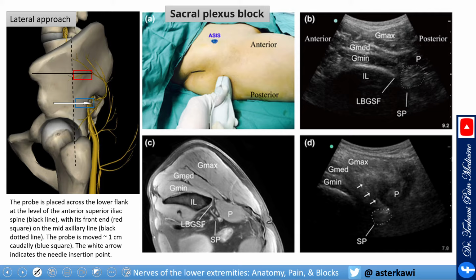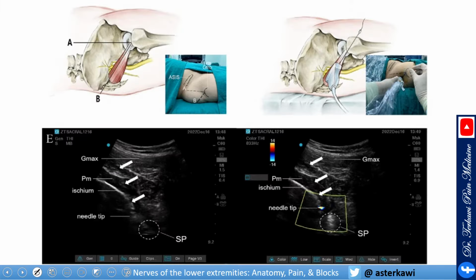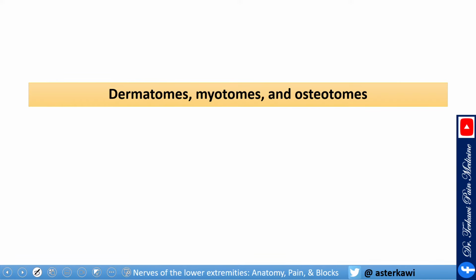There is the lateral approach, the short axis method, the long axis method, the suprasacral parallel shift approach, which is coming from the lumbar plexus above, and the anterior approach, which I don't want to go deep into, but the whole concept is you really have to go deep and insert the medication toward the pelvic cavity. This is the other approach. This is basically the lateral approach.